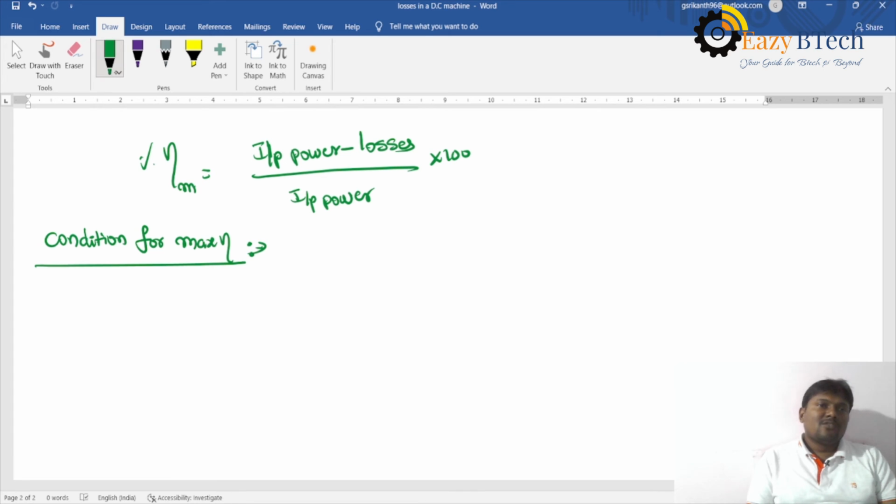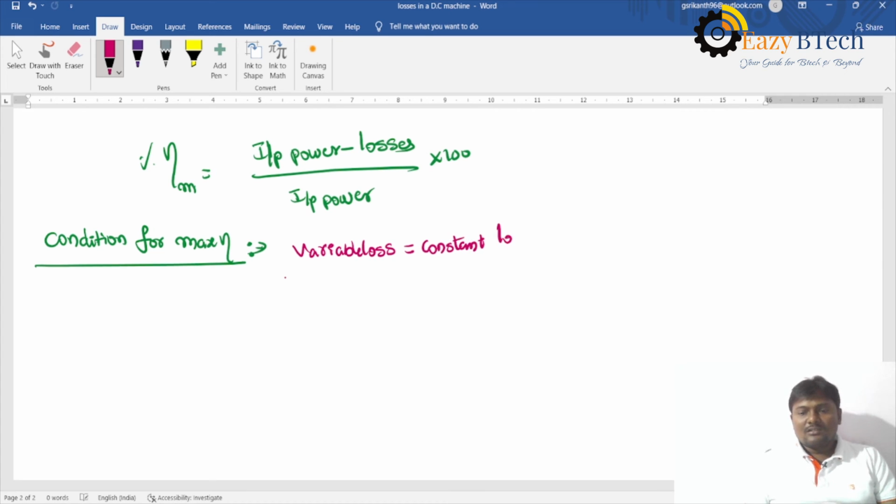The next one is the condition for maximum efficiency. Always observe that variable losses are equal to constant losses. The power output for a generator is Vt into IL, and the copper loss is Ia square into Ra.